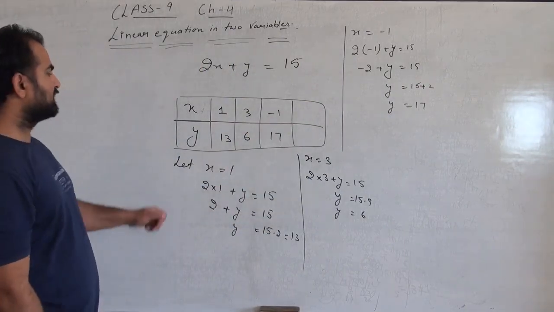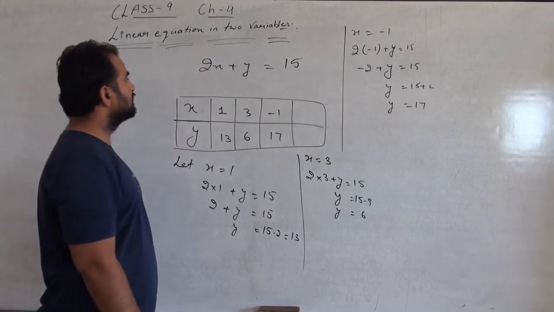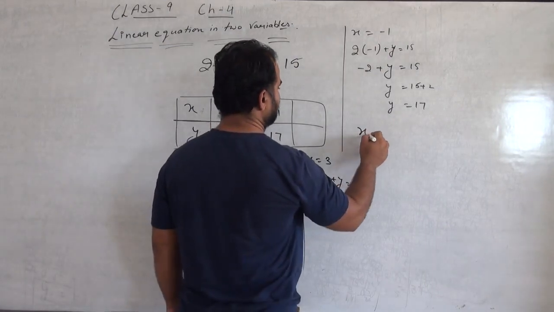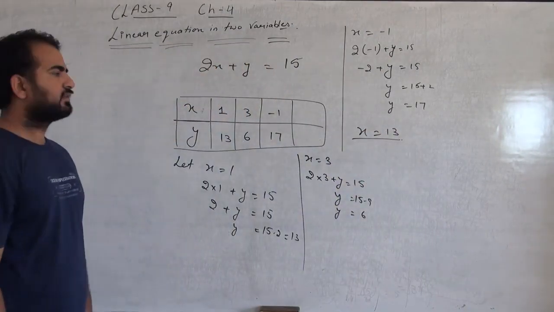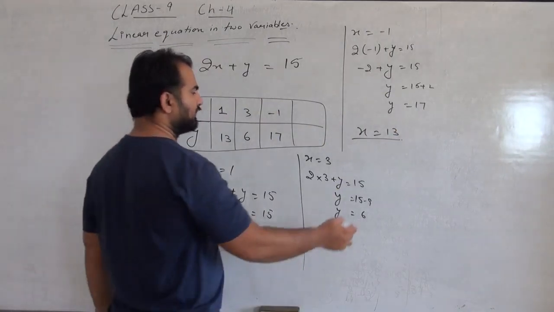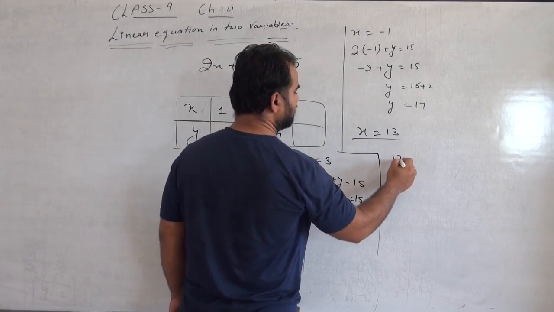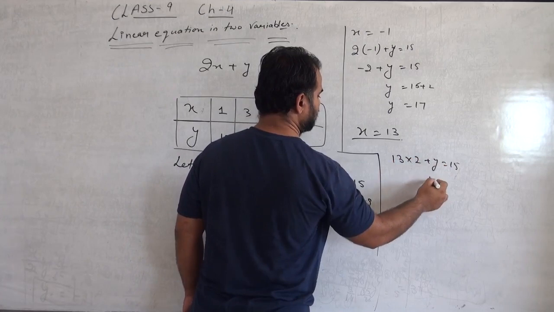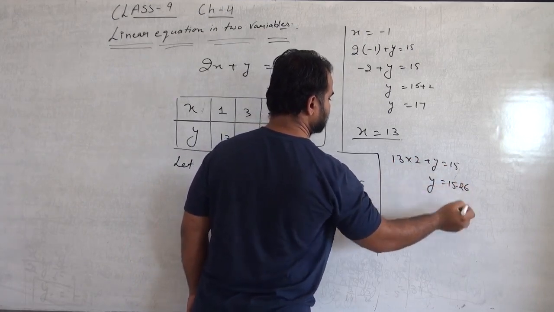Next, let x equals to 13. What we have to do is find the value of y. So if x equals to 13, it will be 13 multiplied by 2 plus y equals to 15. y equals to 15 minus 26.